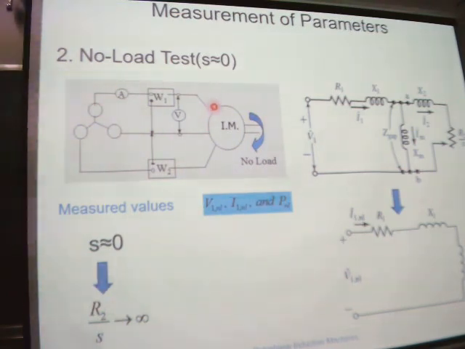And the stator phase current I1 can be measured from this ammeter. So we know V1 and I1. So we can calculate the impedance of this circuit.